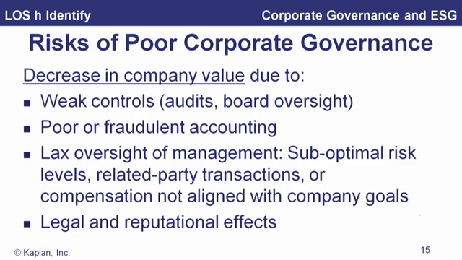If they're selecting suboptimal risk levels, as we suggested they might prefer, if they're doing related party transactions, making loans or buying assets from company managers, and if the compensation is not aligned with the company goals, that can all have a negative effect on company value. And certainly going forward, there are both legal and reputational effects that can impact company value.